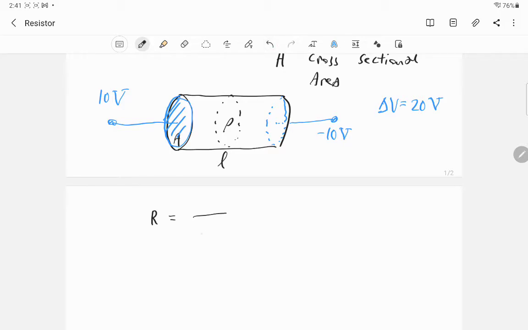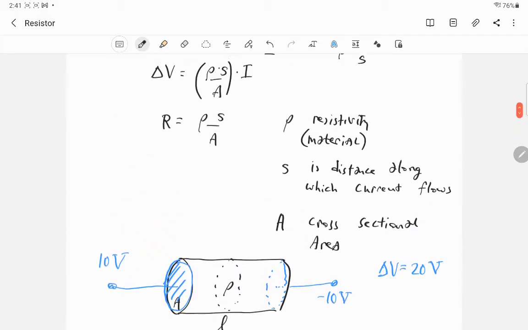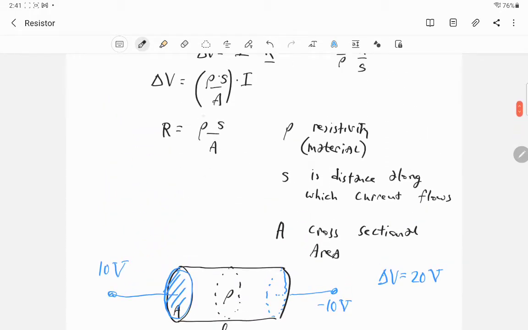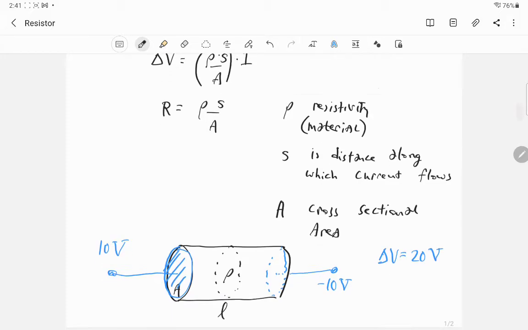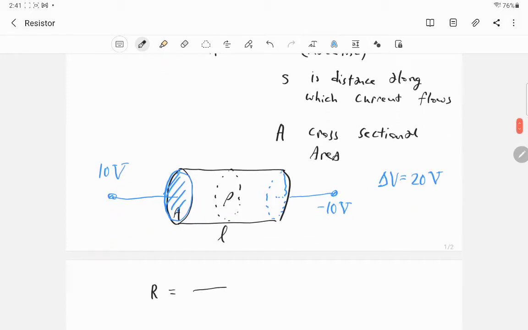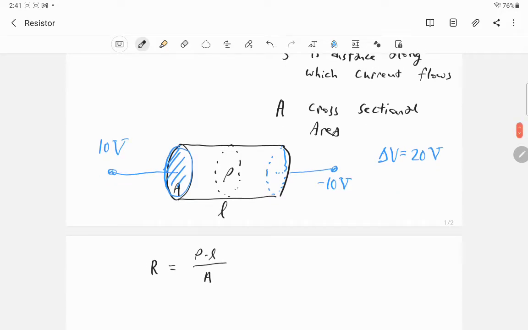So the resistance has the area below, and resistivity on top, and the distance over which the voltage changes on the top as well. So this will be rho L, and then divide by the area A, like that. And I say there's a potential difference of 20 volts. I can calculate the current.